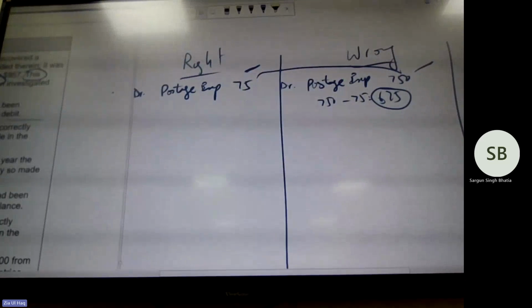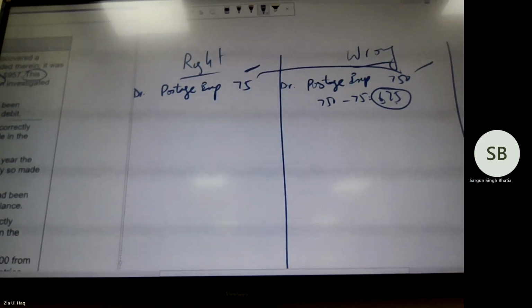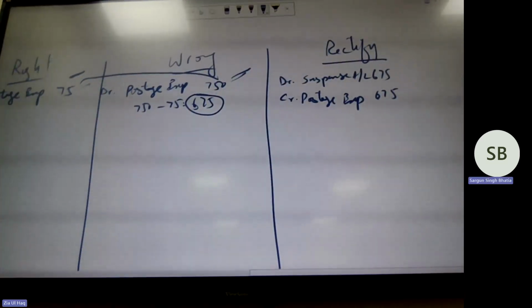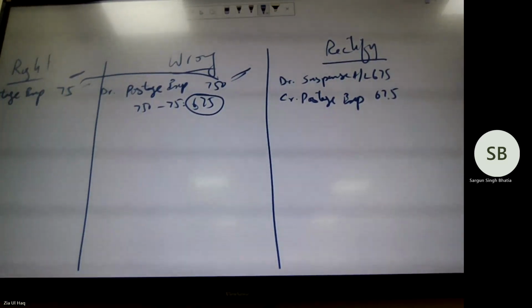This means postage expense has been recorded more by 675. How can we rectify? It's a debit nature expense. How can we eliminate the 675 effect? By crediting postage expense 675. What should be on the debit side? Suspense account, if there is no account mentioned.